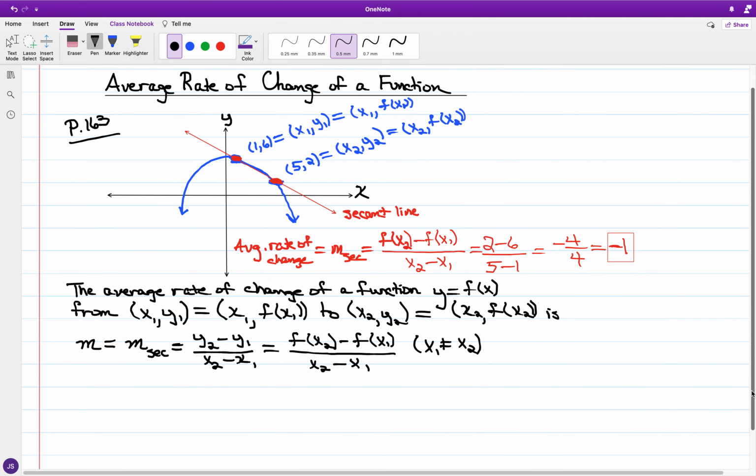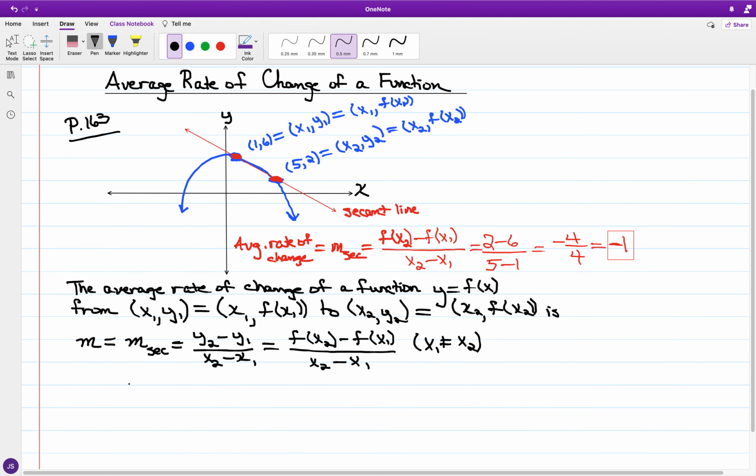And let me show you where the dynamics can play out regarding the average rate of change of a function. We'll say that we have a function y equals f of x, and we have f of x equal to x squared plus 2x.